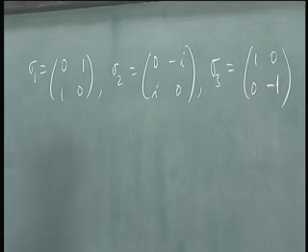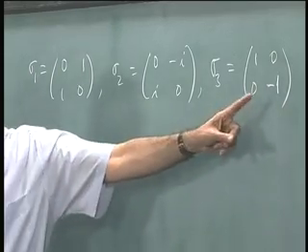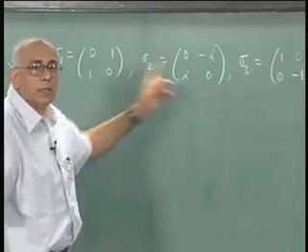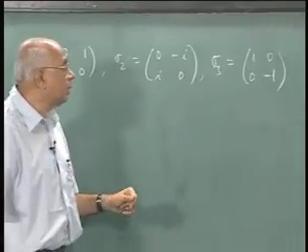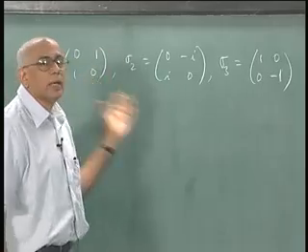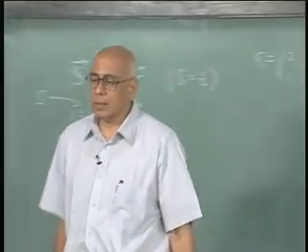The square of every sigma matrix is the unit matrix, 2 by 2 unit matrix, and the eigenvalues of any of the sigma matrices are plus or minus 1. They do not commute with each other. This one is already diagonal, so once you have diagonalized that, the other two cannot be diagonalized simultaneously, but any one of them could be diagonalized, any component could be diagonalized, and the eigenvalues would be 1 and minus 1. Okay.